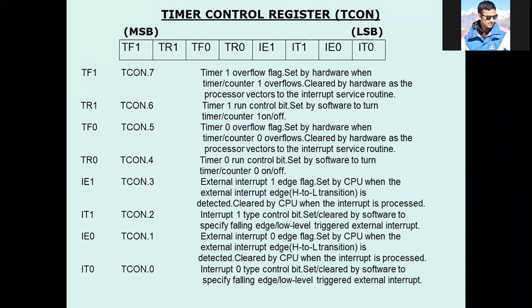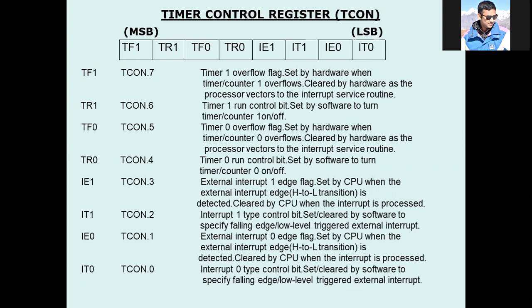Can you tell me what these 1 and 0 that have been written are? Here you can see TF1, TR1, TF0, TR0, IE1, IT1, IE0, IT0.